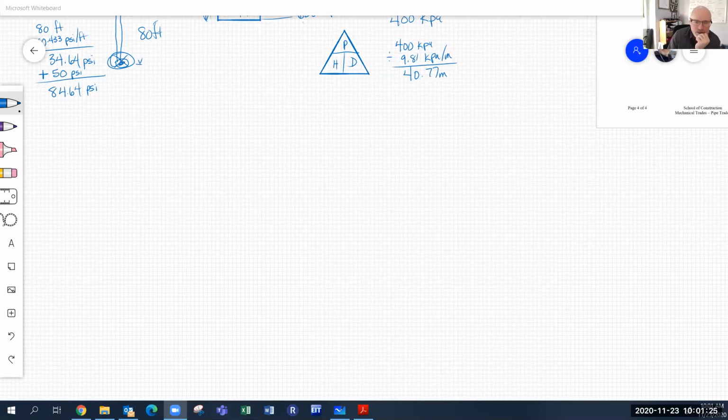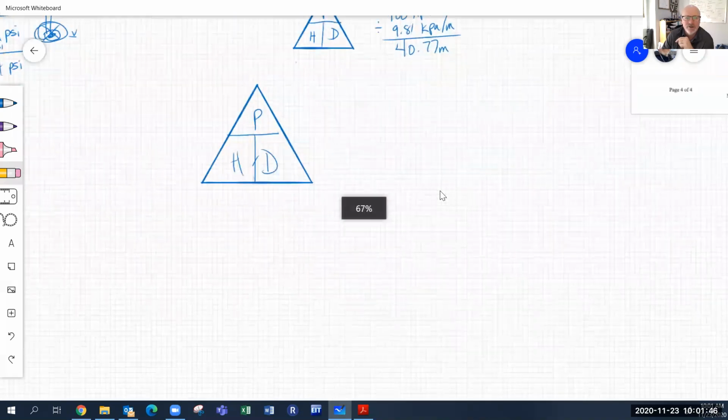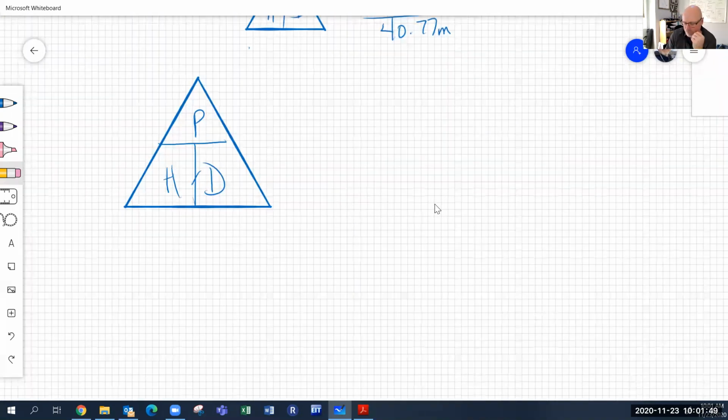So if I was to draw our formula triangle where density times the height is equal to the pressure, now they want us to know the pressure in ounces per square inch.